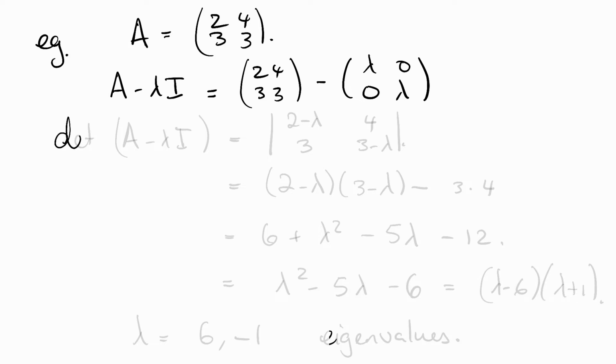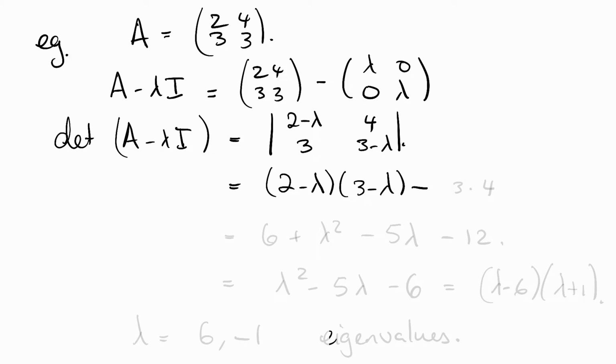The determinant of A minus lambda I, well, this is going to be the determinant of the matrix 2 minus lambda, 4, 3, 3 minus lambda, which is 2 minus lambda times 3 minus lambda minus 3 by 4.